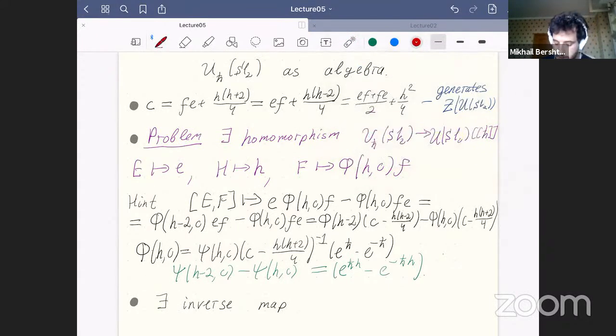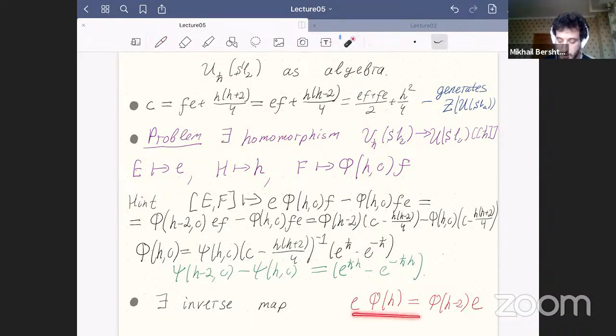Technically, the most important thing which simplifies the computation is the following. If you have E times any function of H, it will be the function of H minus 2 times E. This is true for any function of H, and this is multiplicative.